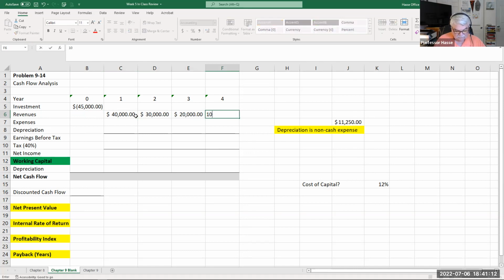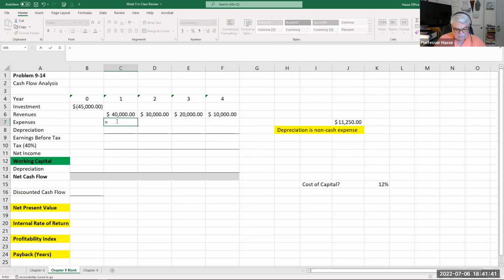And $10,000 in year 4. And that our expenses are 40% of those revenues. Again, the key to this, and you'll get problems where these variables are given to you in a different way. The key as a financial manager putting this together is you got to understand what the variables tell you and where to place them. That's a big part of this.